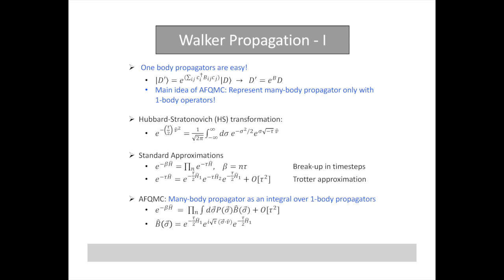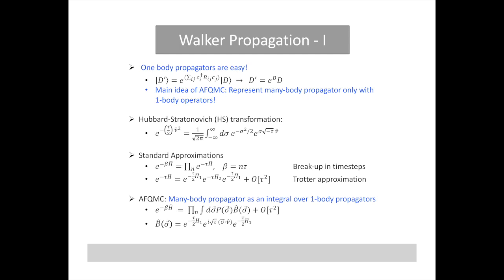Another important thing is that once we have one-body propagation like this, all we need to do, and this takes some math that I'm not going to show here, is to consider the matrices representing the Slater determinant. You just need to apply the exponential of the matrix defining your one-body operator to the Slater matrix of the incoming Slater determinant, and that will produce the Slater determinant representation of your new state.